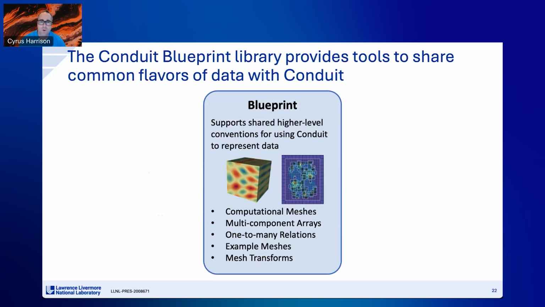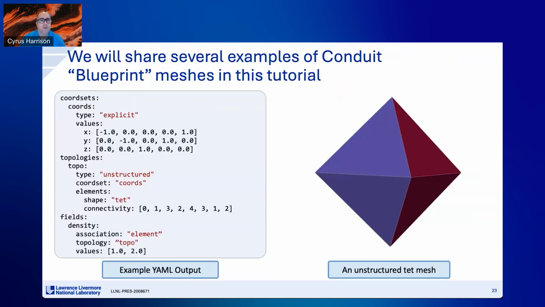And Blueprint, which I mentioned before, is a library that gives us tools related to sharing, in particular, mesh data, right? And it also provides a lot of examples of the types of data. So a lot of the things that we do in tests and Ascent are using the Conduit examples for, say, an AMR mesh or an unstructured grid, right? So we're going to share some examples in the hands-on session of what a blueprint mesh is.